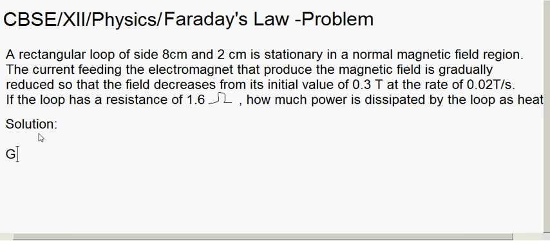So we can write the given quantities. The loop area A is 8 centimeter into 2 centimeter. So I can write 8 into 2 into 10 to the power minus 4, that is 16 into 10 to the power minus 4 meter square, converting it into meter.